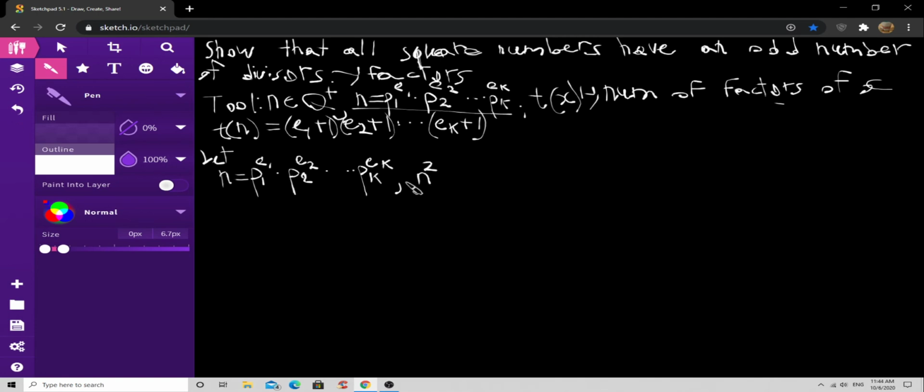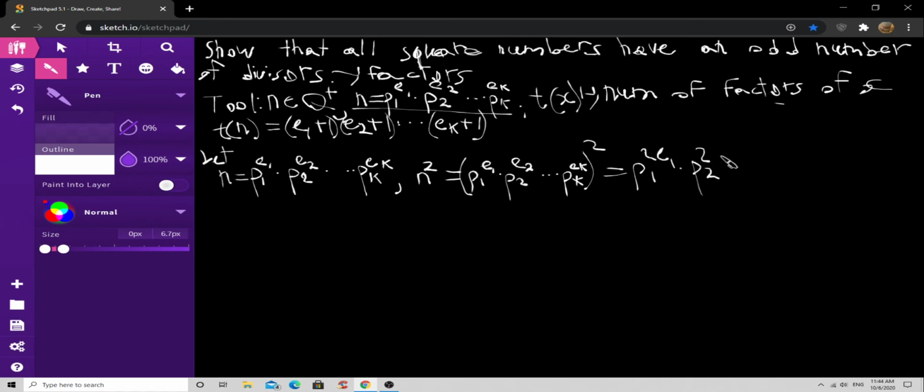So n squared equals (p1^e1 times p2^e2 all the way to pk^ek) squared, and this is just equal to p1^(2e1) times p2^(2e2) all the way to pk^(2ek).